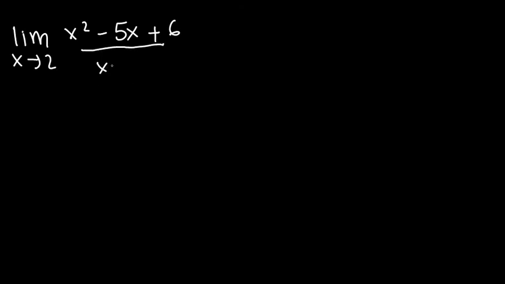So say we have to compute the limit as x approaches 2 of (x squared minus 5x plus 6) over (x minus 2). Let's just try to do this by directly substituting. We don't know if this is going to be continuous at 2 or not, but let's just try it out.